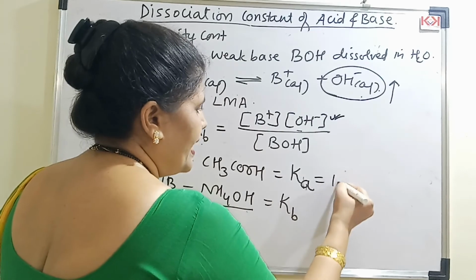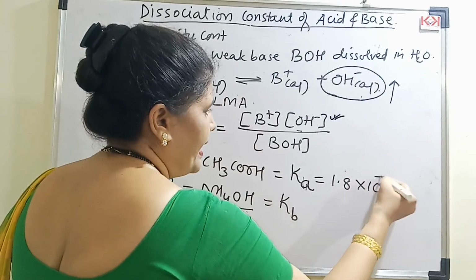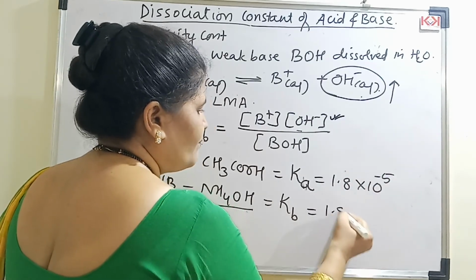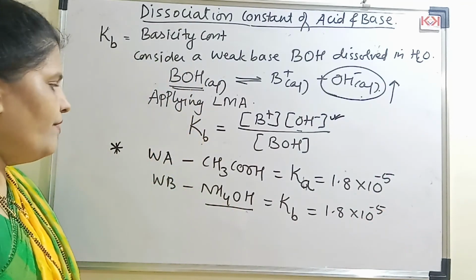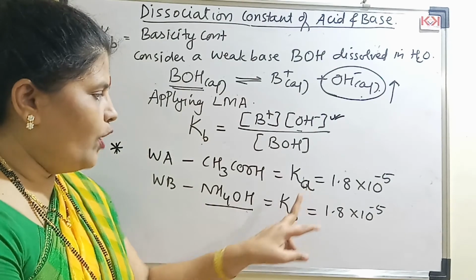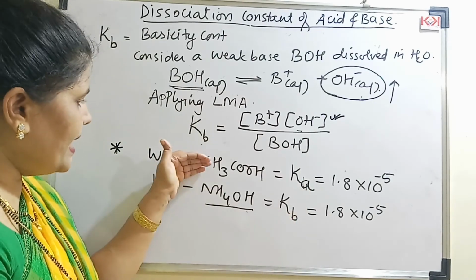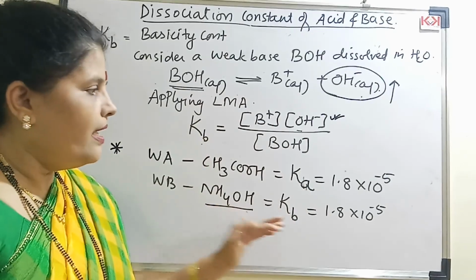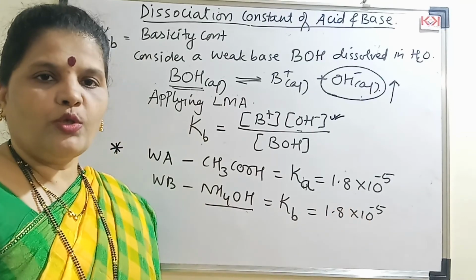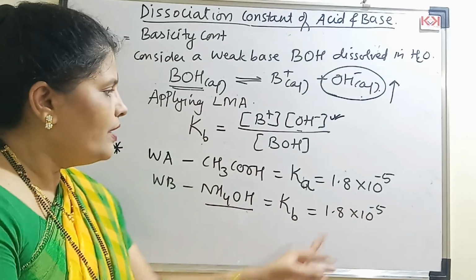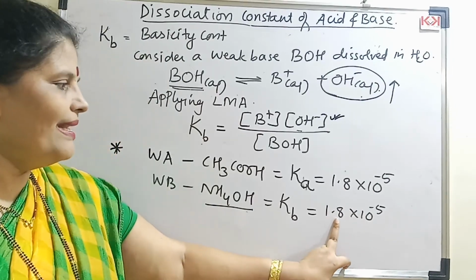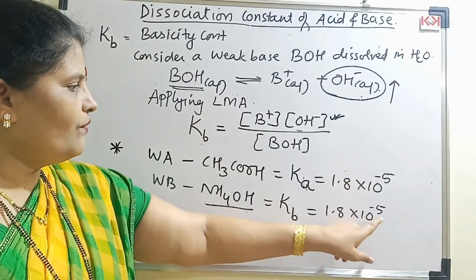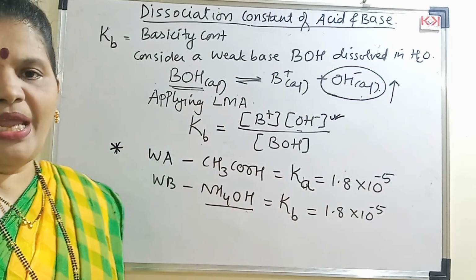Their values are fixed, that is 1.8 into 10 raised to minus 5. So always remember, whatever is the concentration, the acidity constant or basicity constant for acetic acid and ammonium hydroxide are always fixed. So whenever you get an MCQ question, your answers must be nearly this. They can change this to 1.75, in this range, but the power, minus 5, will remain the same.